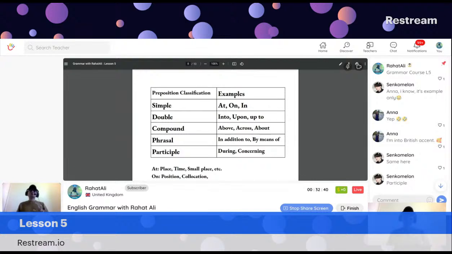But when it doesn't work as a noun, we call that a participle. This is the basic difference, guys. So could you please give us an example, because participle and gerund, we get confused.